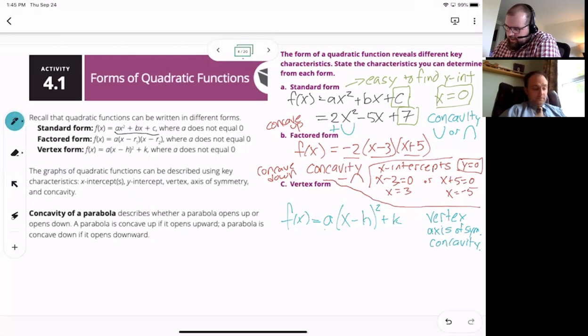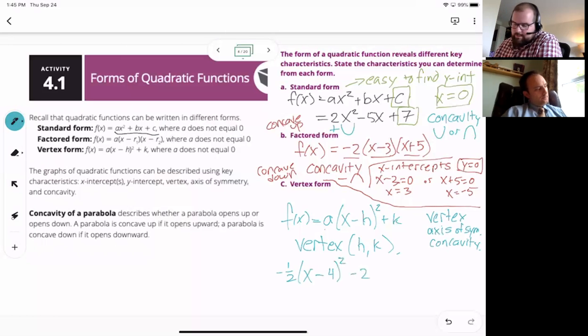But the vertex is really well identified for us right now. The vertex is going to be at the point h comma k, or if we had an example that was like negative 1/2, I know fractions are scary, x minus 4 squared minus 2. I also used 3 negatives in that one.